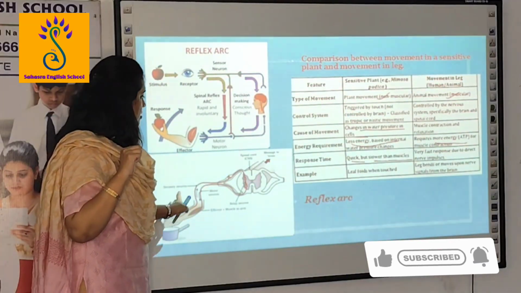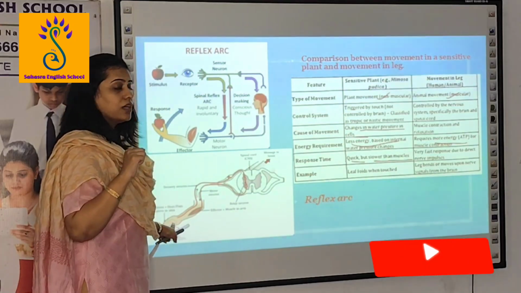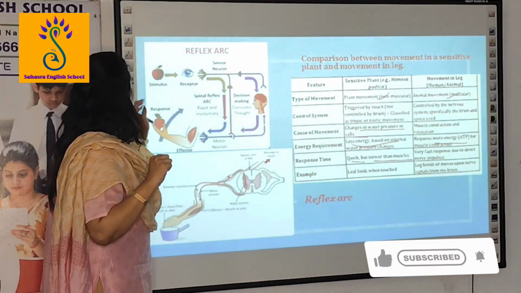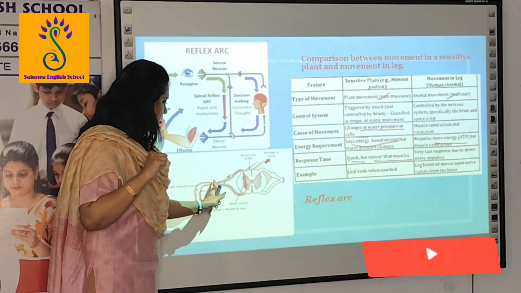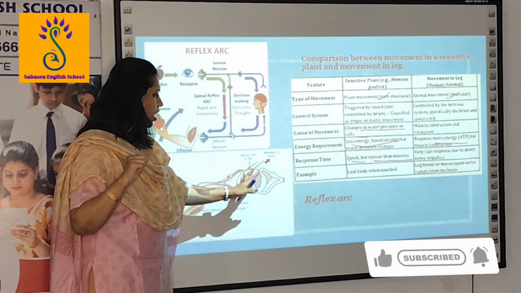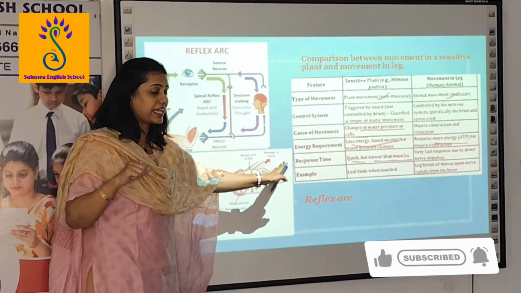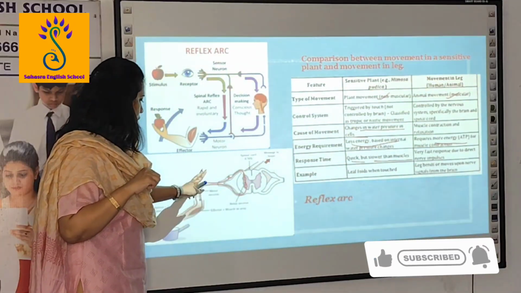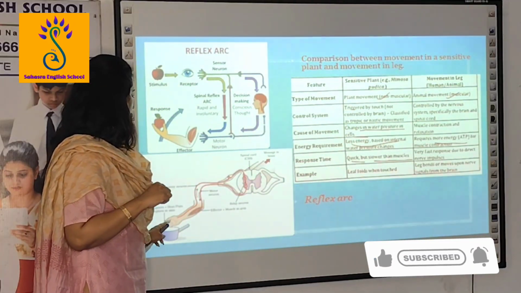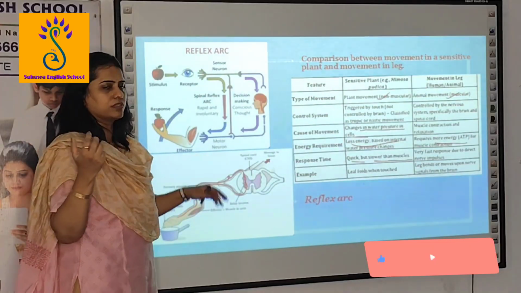Okay, this is the reflex action. So you are going to write the stimulus, the receptor, the sensory nerve and the spinal cord. For further action, you will write the brain, the relay neuron, the motor neuron and the effector organ, and what is the response. Stimulus and response.